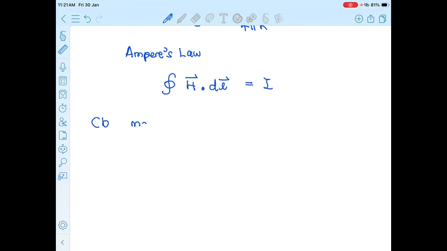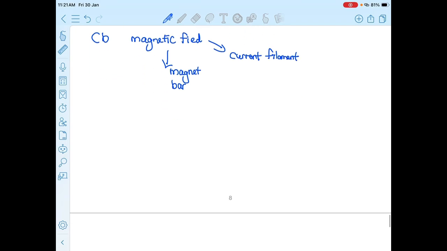Okay, so let us see what the magnetic field is. Magnetic field comes from what? It comes from a magnet bar, and also from current filaments. So you can draw the magnetic fields around the current filament and also the magnet bar.